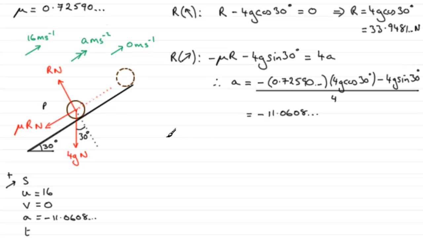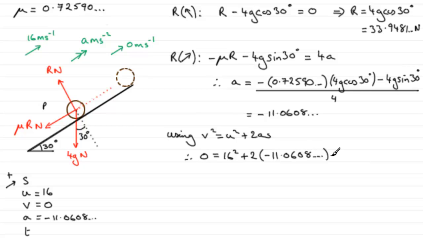Then we've got v, which was 0, so squared, still 0, so therefore we have 0 equals u squared, 16 squared, plus 2, multiplied by that acceleration, which is minus 11.0608 and so on, multiplied by s.